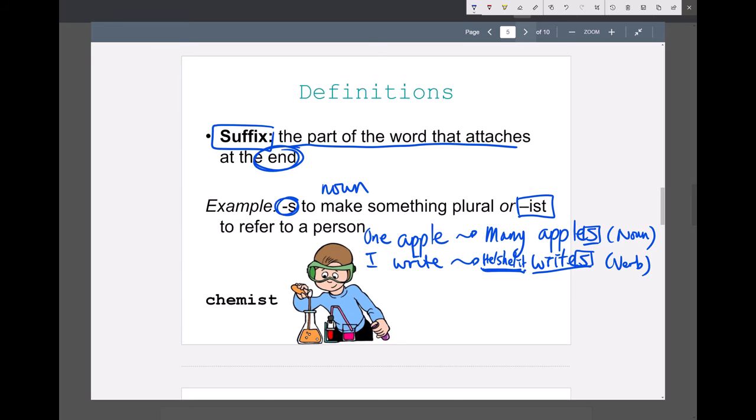Here you have the suffix ist. And the example here is chemist. So it's chem plus ist. Now, this example can confuse you because chemist is someone who does chemistry, who studies and uses chemistry.